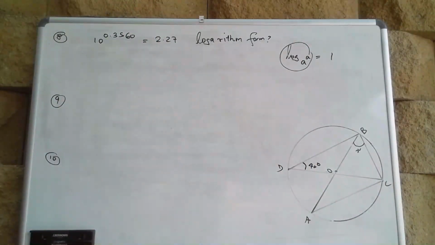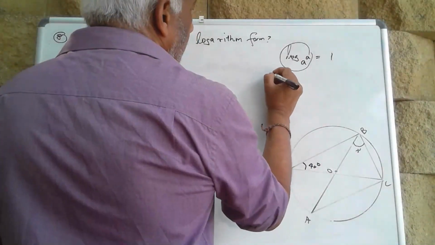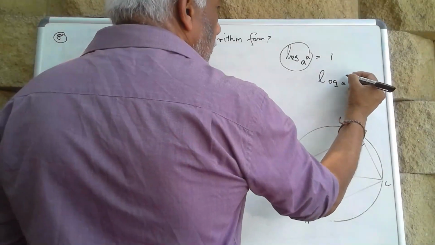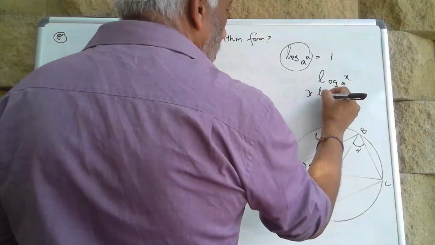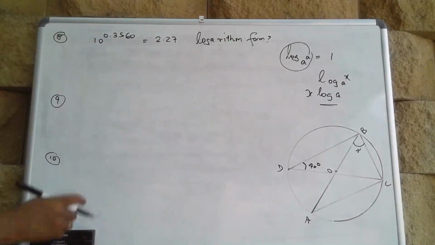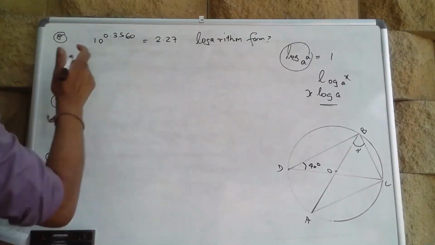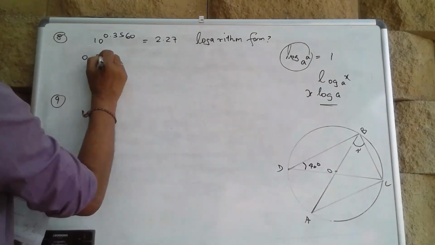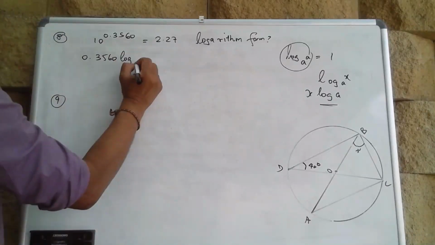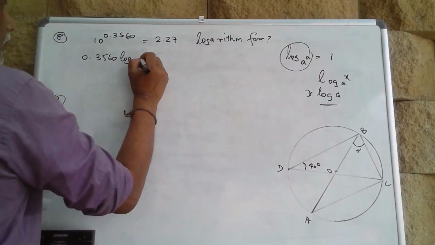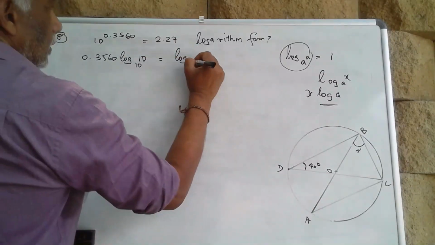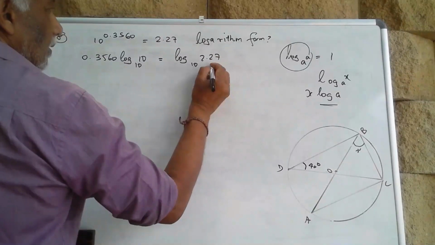Also, the power rule says log a to the power x can be written as x log a. That's what I'm going to use. So I'm going to take the logarithm of both sides. 0.3560 log base 10 of 10 equals log base 10 of 2.27.